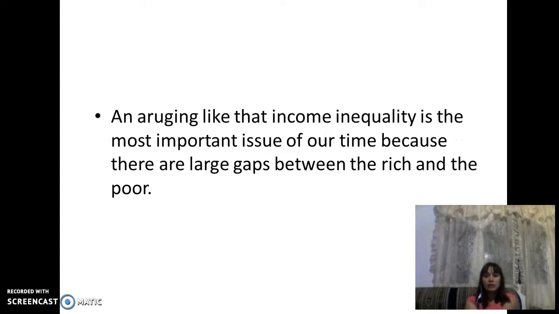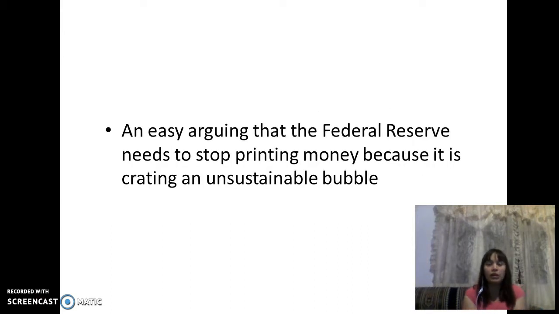And arguing that income inequality is the most important issue of our time because there are large gaps between the rich and the poor. And arguing that the Federal Reserve needs to stop printing money because it is creating an unsustainable bubble.